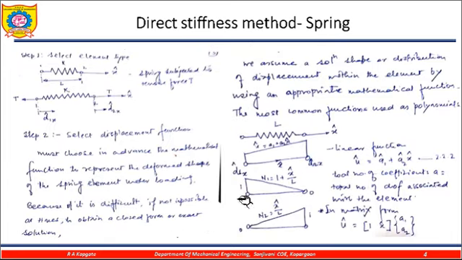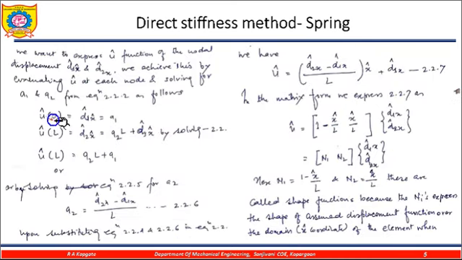Let us take this spring: this is my first node and this is my second node. When I consider u at 0, there is the value d1x. When I consider the second node, u at l, that is d2x. So d1x is equal to a1.